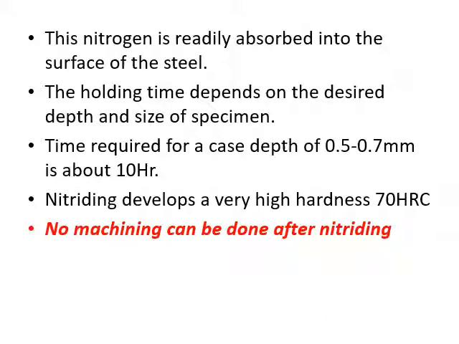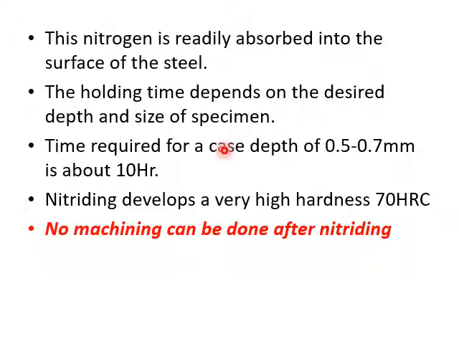These nitrogen atoms will diffuse, leading to the formation of a hard surface at the surface of the steel. We say that the nitrogen is absorbed into the surface of the steel. The holding time depends on the desired depth and the size of the specimen.